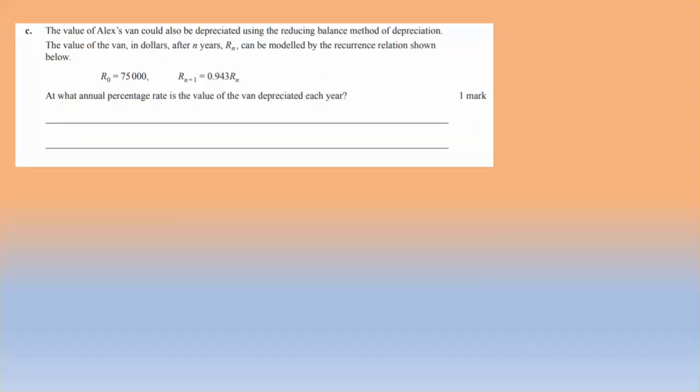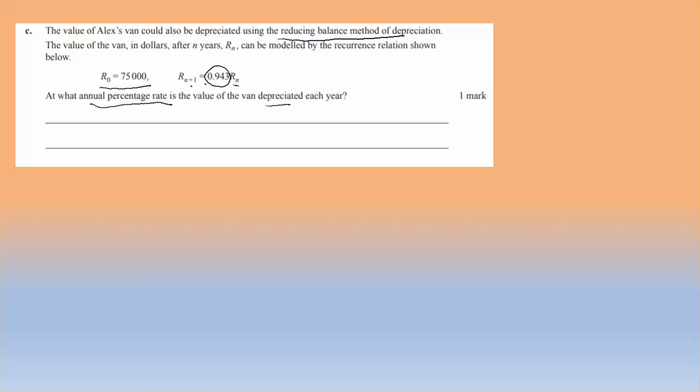The value of Alex's van could also be depreciated using the reducing balance method of depreciation. And it's represented by this recurrence relation. Initial was 75,000, the next value equals 0.943 of the previous. What is the annual percentage rate that the van is depreciated? Okay, so the van is worth 0.943 of the previous value.